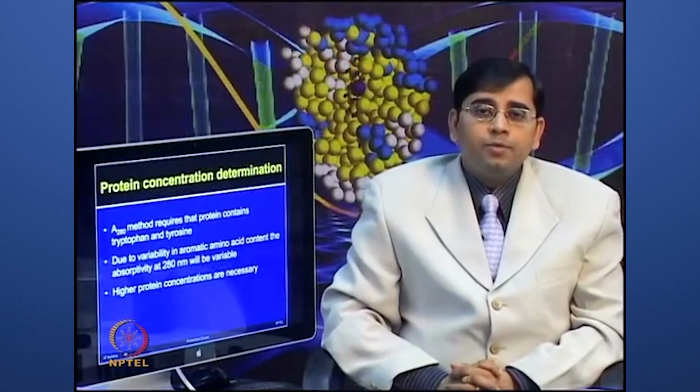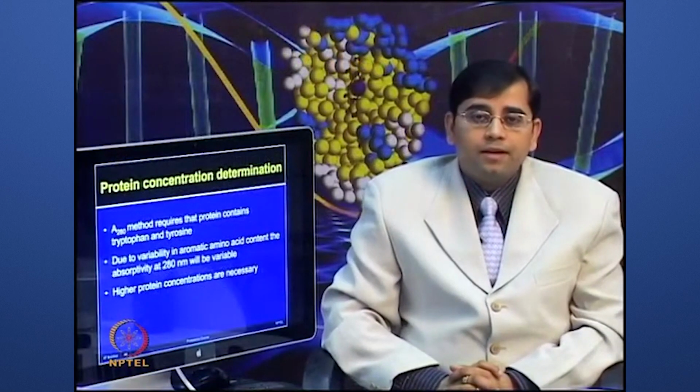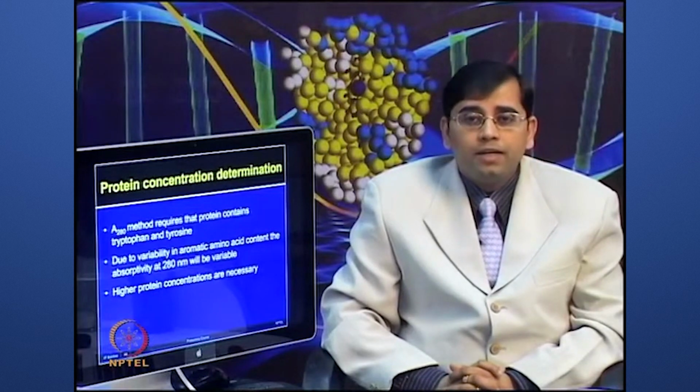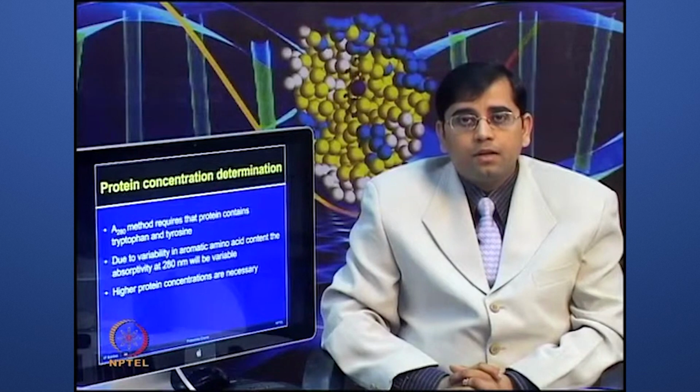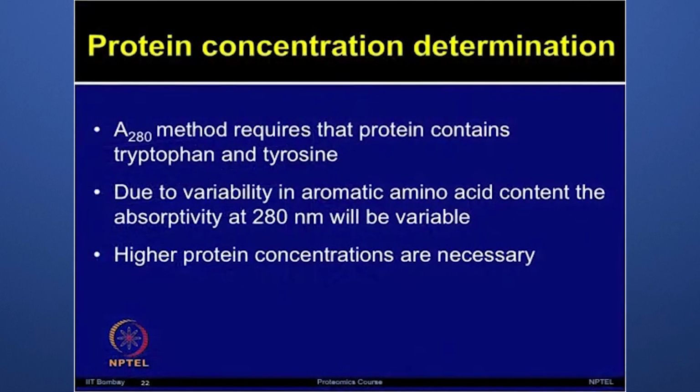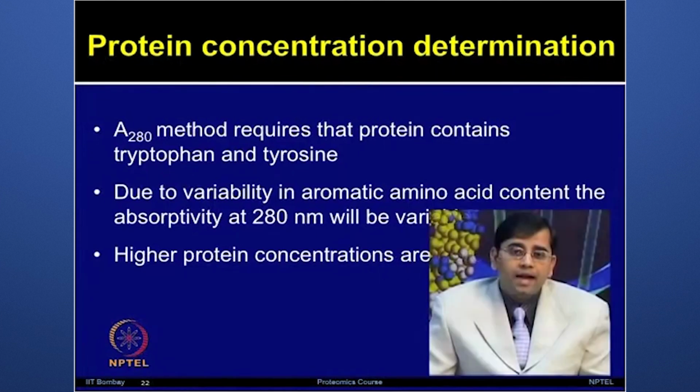So, to determine the protein concentration, the A280 method requires that your protein contains tryptophan and tyrosine aromatic residues. Since the protein samples will have variability in overall amino acid content, the absorptivity at 280 nanometers will be a variable factor for this type of method.